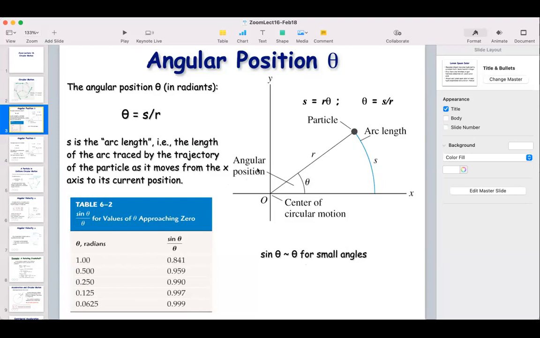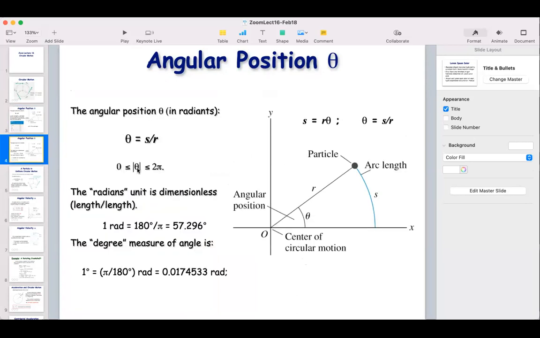So we can define the position not only with R, a vector, but also with the angle. This angle will be between 0 and 2 pi, and normally we define it in radians. 1 radian is equal to 180 degrees divided by pi, which is 57.296 degrees.